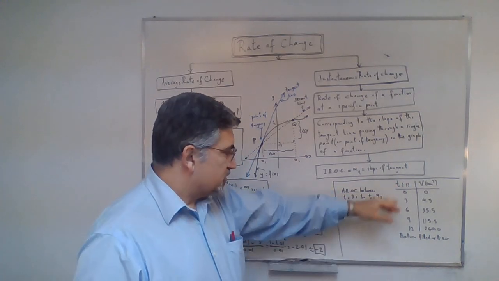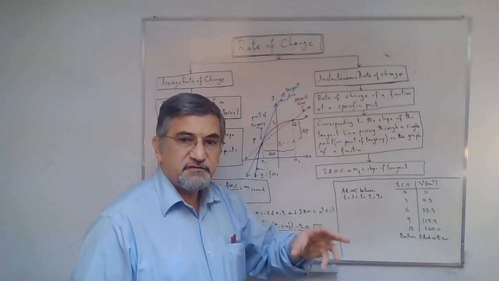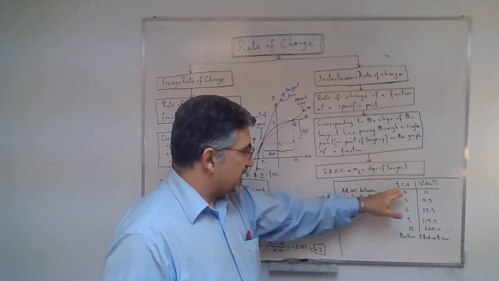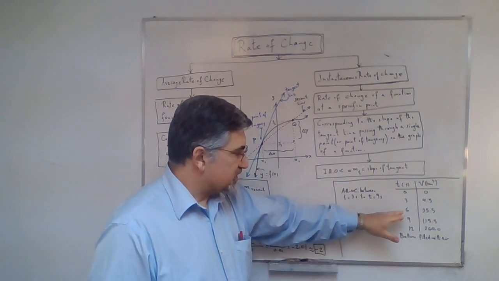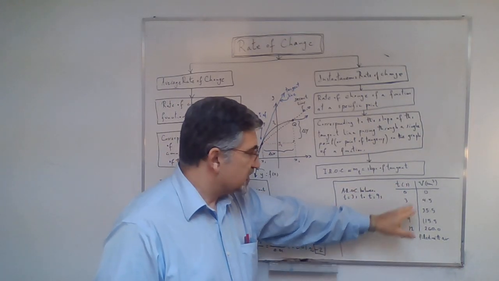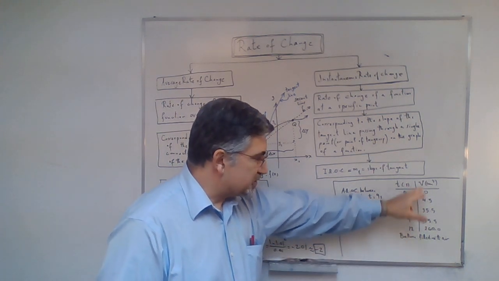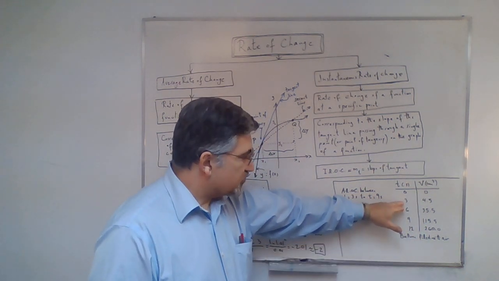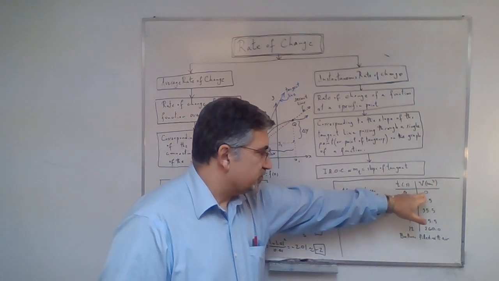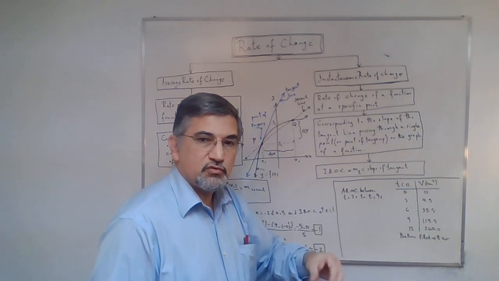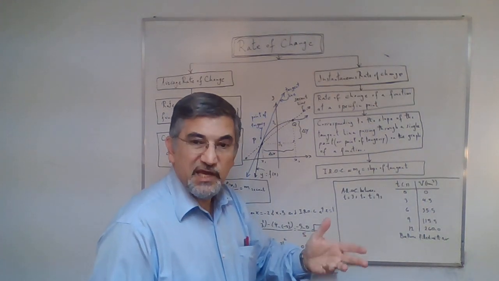For example, this could be like a balloon that is being filled with air, and at different time values, like 3 seconds, 6 seconds, 9 seconds, 12 seconds, the volume of this balloon in cubic centimeters is given here. First of all, at 0 seconds initially, the volume of the air inside the balloon is 0, because we have not started filling the balloon with air yet.